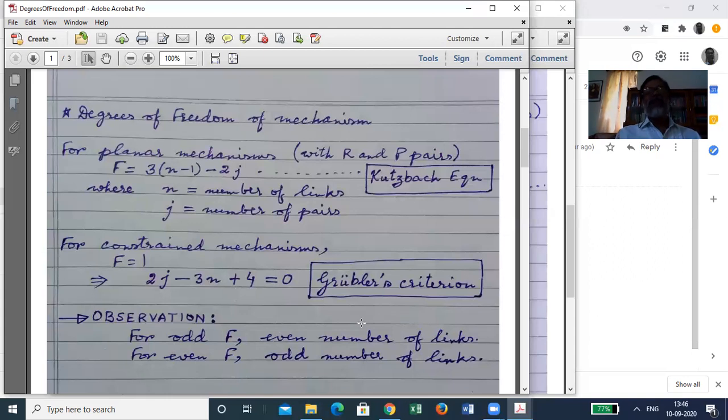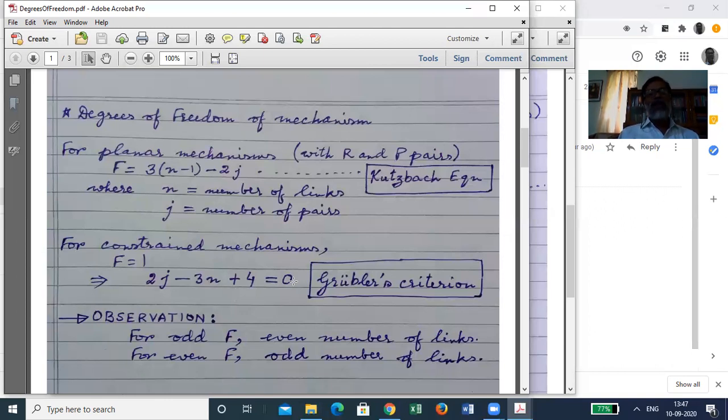For example, if you are trying to find out the number of degrees of freedom of a very complicated mechanism with lots of links and pairs, and not only with R and P pairs, and at the end of the whole thing, if you find that it has 1 degree of freedom, it's a constraint mechanism, though the number of links was 17.